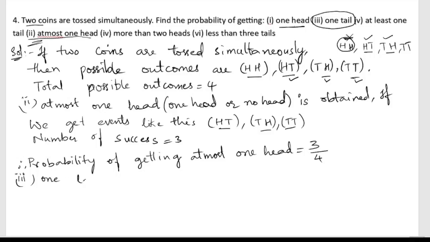So one tail occurs if we get events like this: head tail or tail heads.